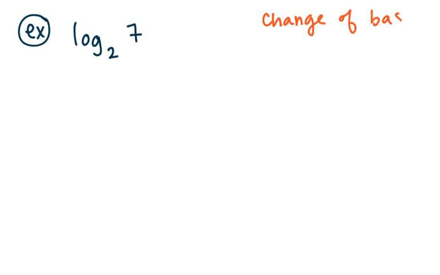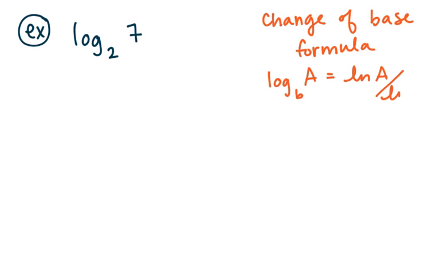We talked about this in a previous video. The change of base formula says if I need to do the log base b of some argument a, I can type that in my calculator as ln a divided by ln b. I'm going to write out how I'll type these in the calculator and what my decimal value is, and you need to make sure that you can do the same for yourself.